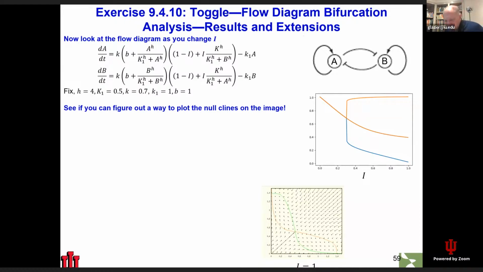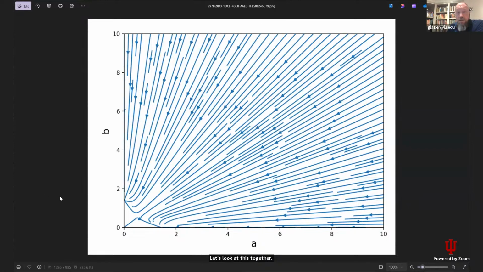Okay, let's see. All right, so here's a case where thinking what you've got here. Let's look at this together. What you've got here is not a bad start, but you'll notice that the fixed points are between 0 and maybe 2. Yeah, it's too large. So why don't we change the range to be between 0 and 3, for example, to begin with? Okay.